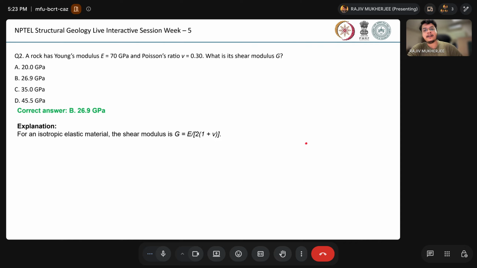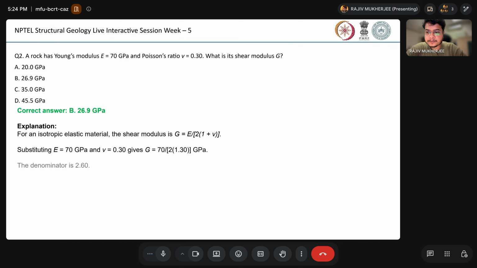We substitute E, which is 70 GPa, and the Poisson's ratio, which is 0.3, and the denominator in this case is 2.6, and therefore we get a value of nearly 26.9.